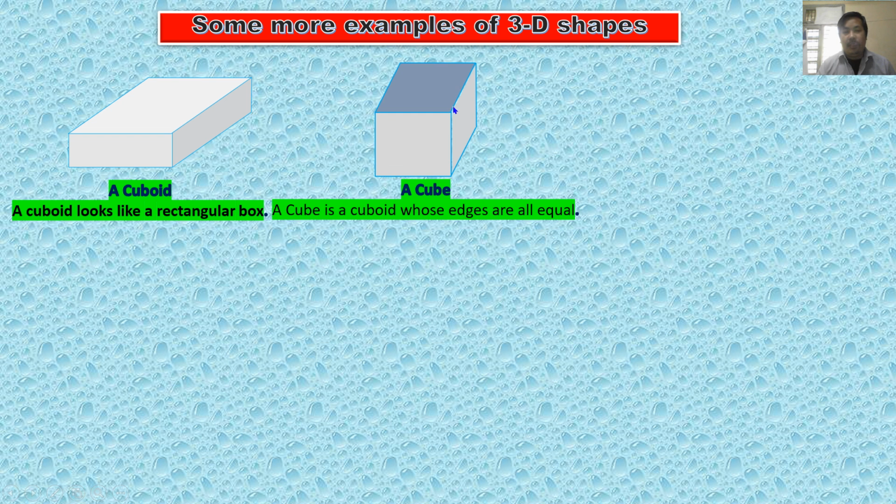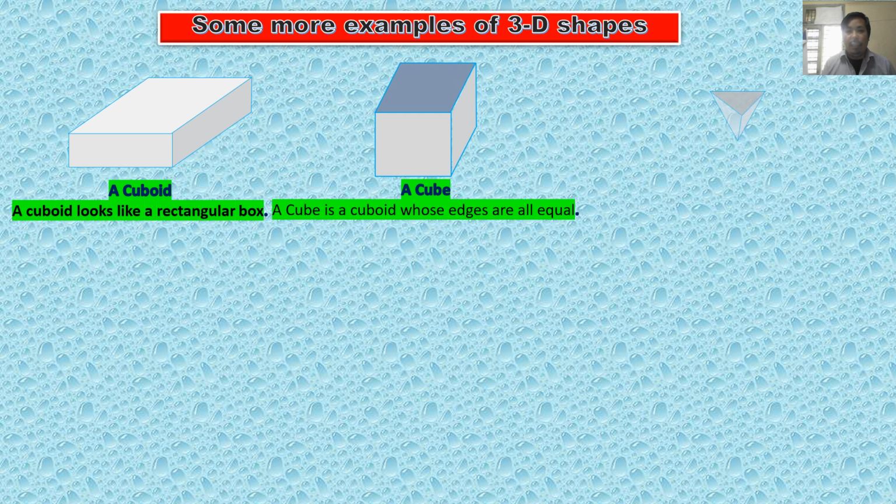The edge is the line segment you can see here, and in a cube they are all equal to one another. But in a cuboid the line segments are not equal, isn't it? So one will be the length, one will be the breadth, or we say width, and the other will be the height. In a cube the length, the breadth, and the height are all the same. That's why it is called a cube.